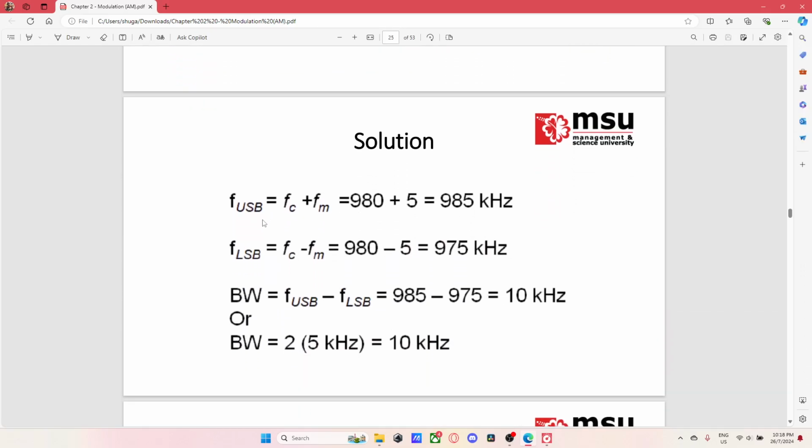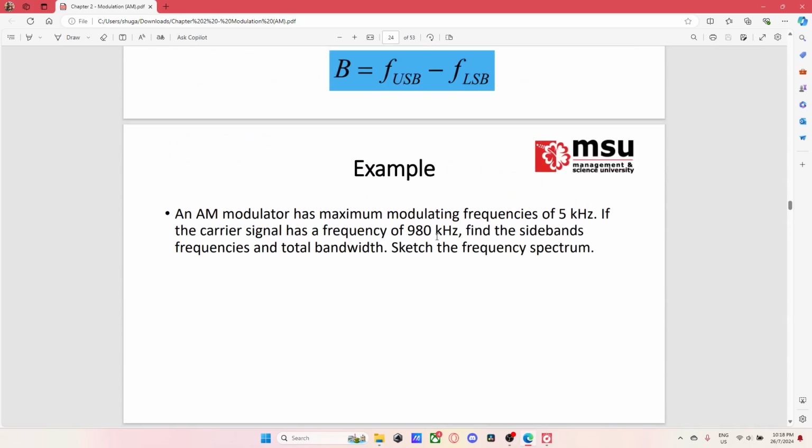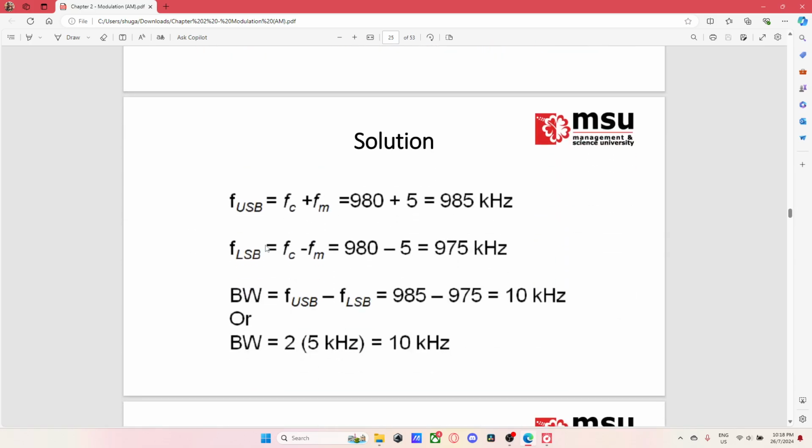From the solution, we are required to find the FUSB and FLSB, which is quite simple, where the F carrier will add with the F modulator, which is 980 plus 5, which equals 985 kilohertz. Don't forget the kilo over here because it mentions kilohertz. And for the lower sideband, you just subtract: 980 minus 5 equals 975 kilohertz. Okay, we have found the upper sideband and the lower sideband.